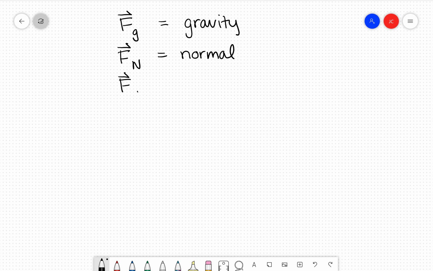So I'm going to start by listing them all off, and then I'll go in depth with each specific one. The forces that we are going to deal with are Fg, which is the force of gravity, gravitational force. We have Fn, which are normal forces. We have Fa, which are active forces. We have Ft, which are tension forces.